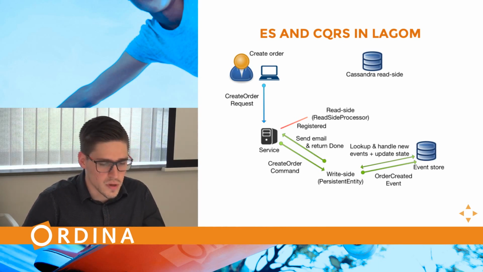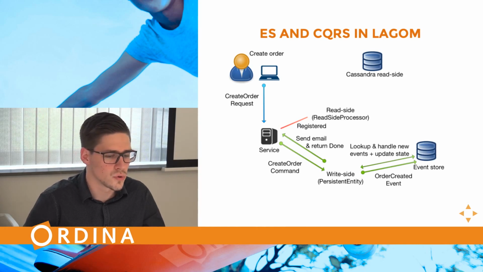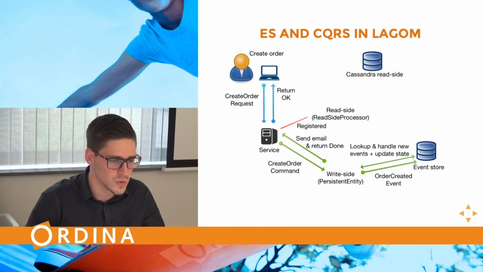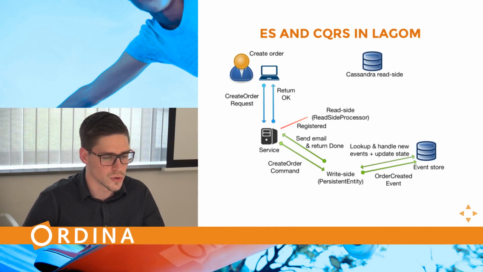So now that we've handled the command correctly, we can, for example, send an email based on the order created event, and we can also return a done to our service, which can then in turn return an OK to our user. And so that concludes the request flow from the user until he receives a response from our service.